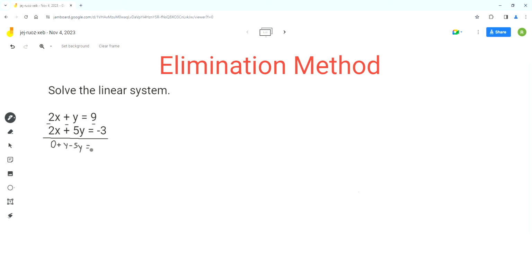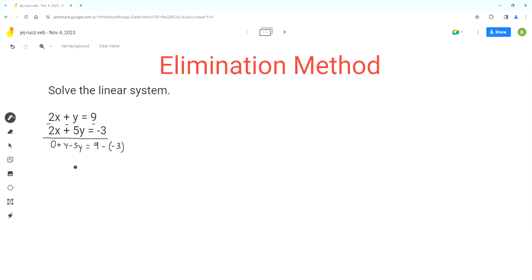Equals, and now on the right side of the equation, we have to do 9 minus -3. For ease of understanding, I'm showing you these basic steps.